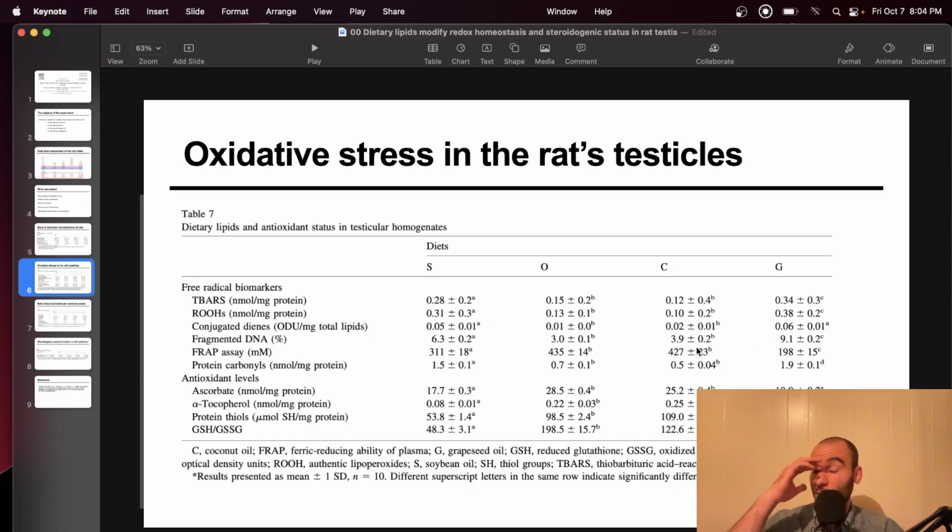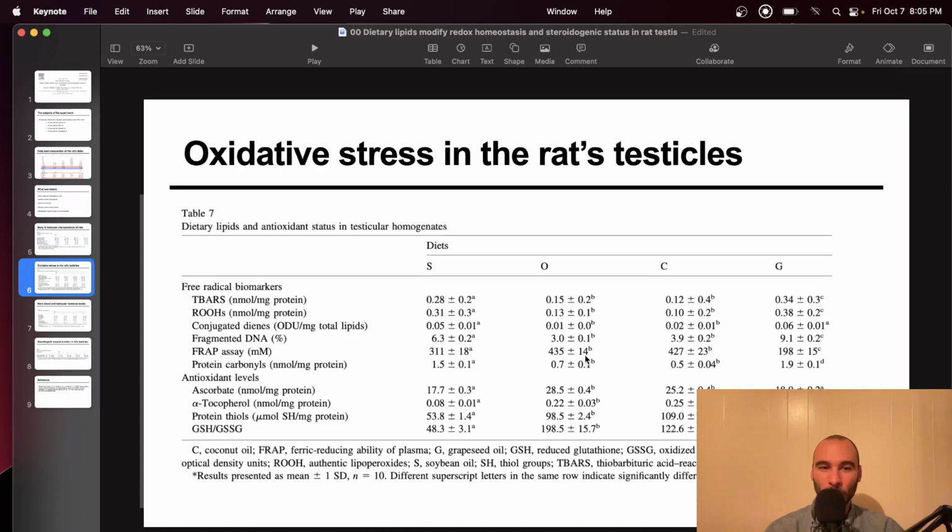So again, from this perspective, if you're trying to limit lipid peroxidation inside your testicles, at least if you're a rat, then using olive oil and coconut oil would be the way to go.